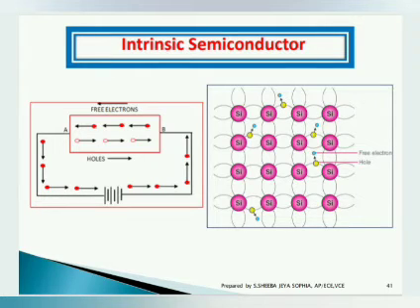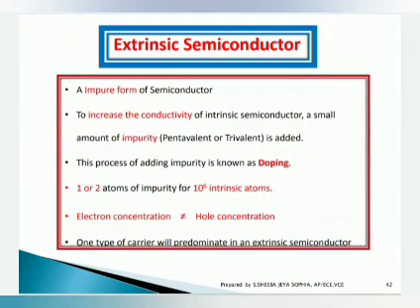So moving to the extrinsic semiconductor, I'm sure now you know what is the purpose of going to extrinsic semiconductor? To increase the conductivity of the material. Yes, for increasing the conductivity, we are adding impurities to the material, which is said to be doping. I'm sure you all know the property of gold.